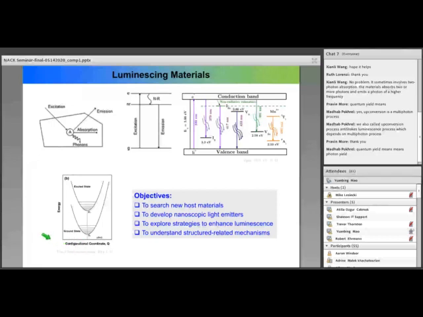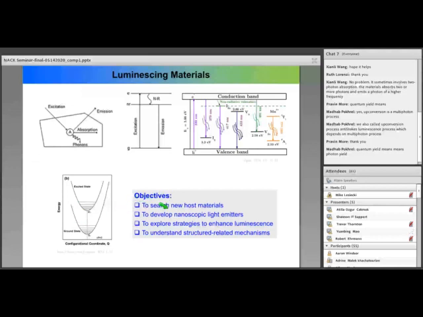Then what is a good host material, right? Back to the CCD, there are some discussions: if the host material is more structurally rigid, then you will see the minima get closer and closer, they even overlap. That's the ideal host.